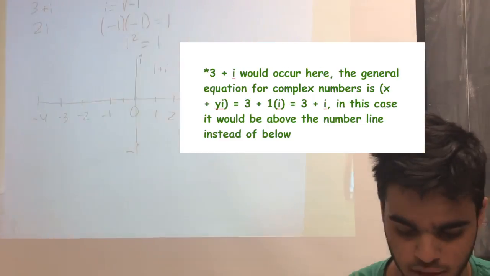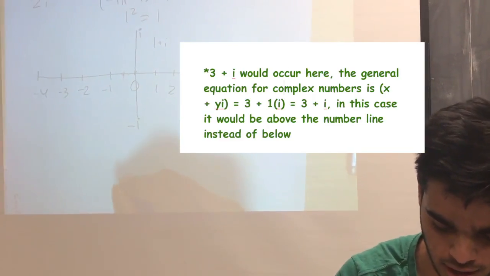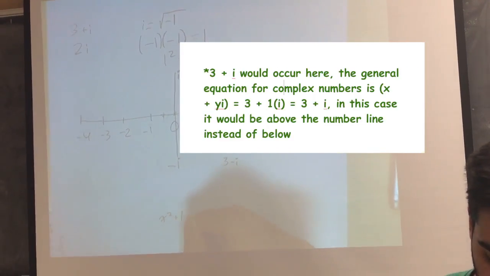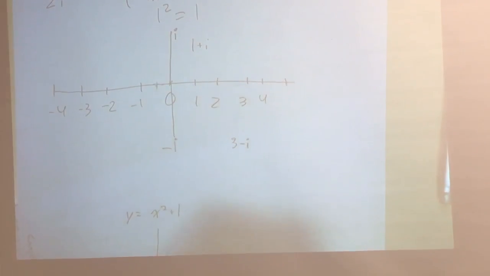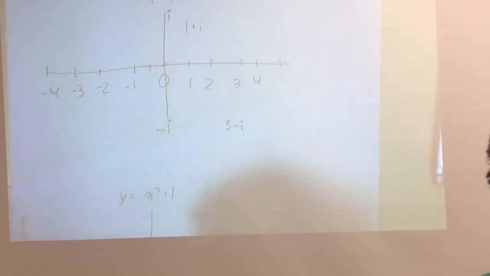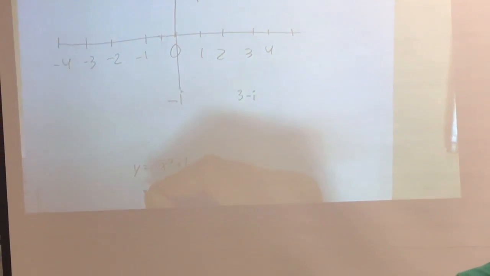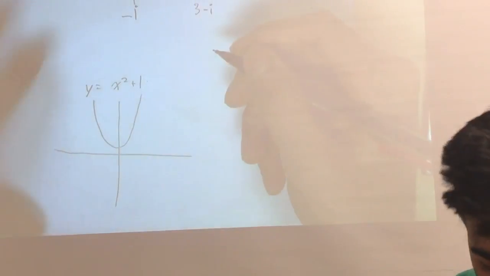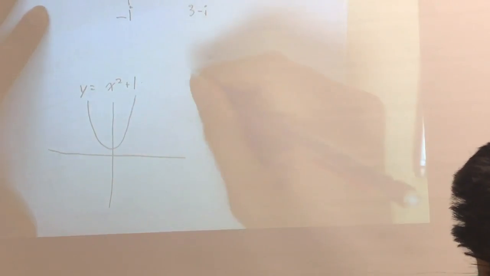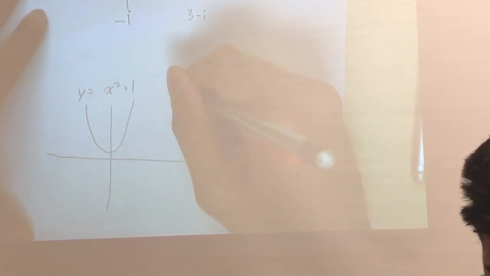And then, okay, so if you had the function y equals x squared plus 1, we know that by graphing this, it's a parabola with a vertical shift of 1 up. In this case, x would actually be i. So we know that i squared equals negative 1.